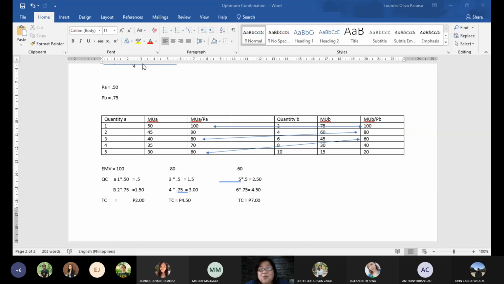Is it good A or good B? B. Okay. It is the cost of good B if the budget is 7 pesos with an equimarginal value of what? 60. Oh, there. Now you're getting it easier. I'm happy about that.